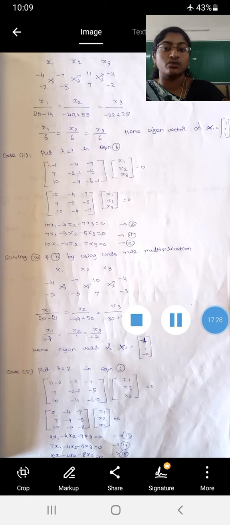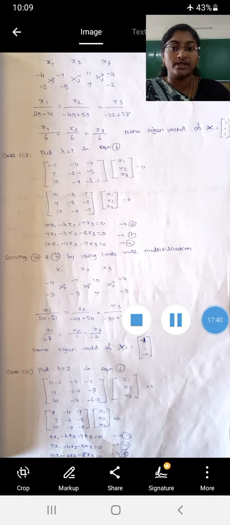So x1 divided by 4 fives are 20, minus into minus is plus, then the formula, minus 2 sevens are 14, minus into minus plus, so 20 minus 14. Next, x2 divided by minus 7 into 7 is minus 49, there is a minus sign in the formula. Next, minus 5 into 11 is minus 55, there is a minus in our formula, so minus into minus becomes plus 55.